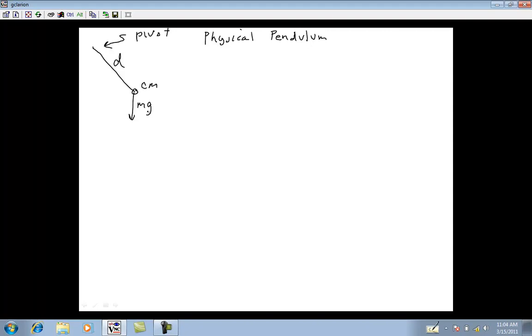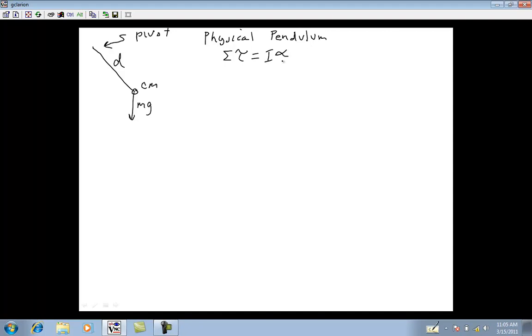Now, really important for this, because it's a physical pendulum, we're not using Newton's first law or second law that we're normally used to. We're going to start off with the rotational version of the second law: the sum of the torques is equal to I alpha.